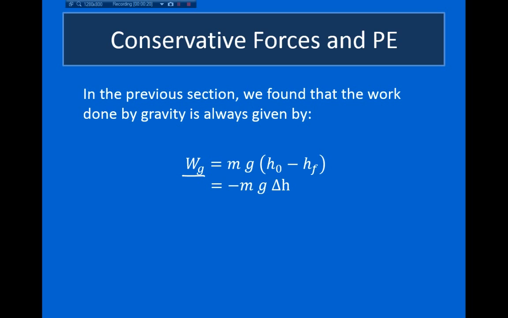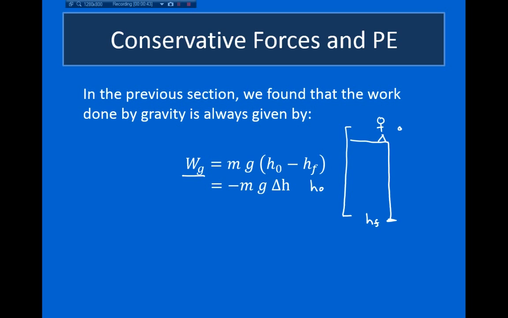We found that the work that's done by gravity is always equal to mg times the initial height minus the final height. So for example, if we have a person who's standing up here and they drop a stone, the stone's initially at some initial height h0, and then it lands down here at some final height h final.